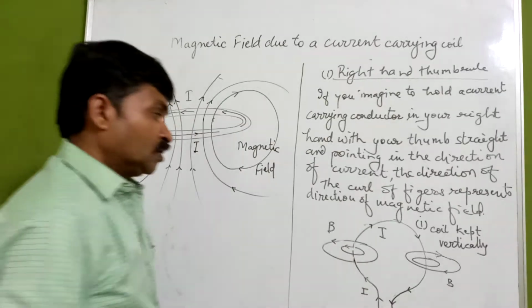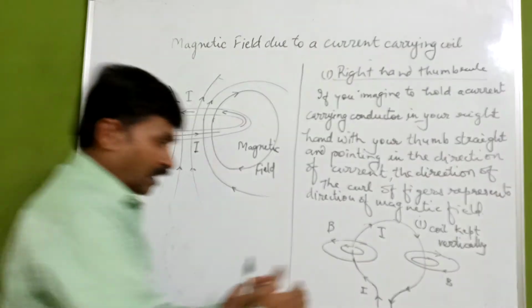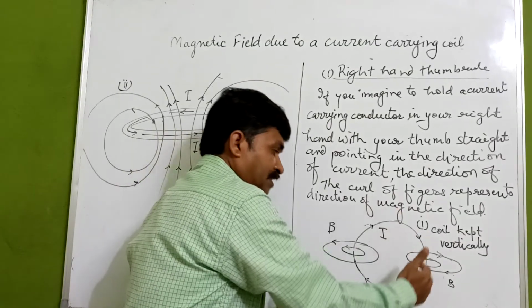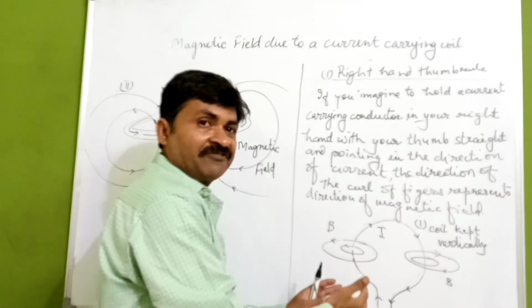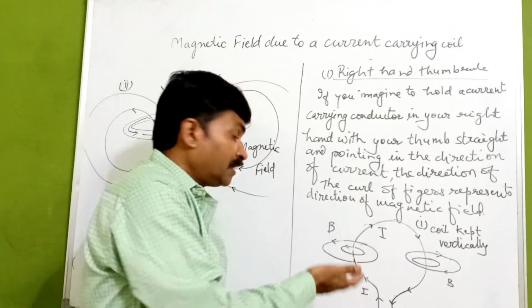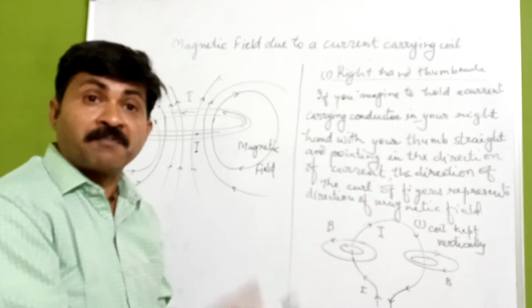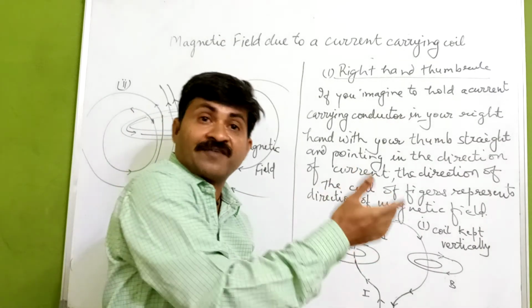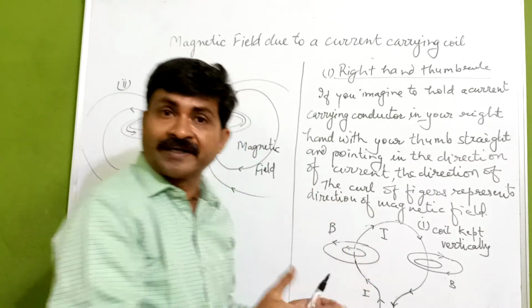This way we can determine the magnetic field due to the current flowing in this coil. Because of the magnetic effect there will be a magnetic field, which has both magnitude and direction, which means the magnetic field is a vector quantity.